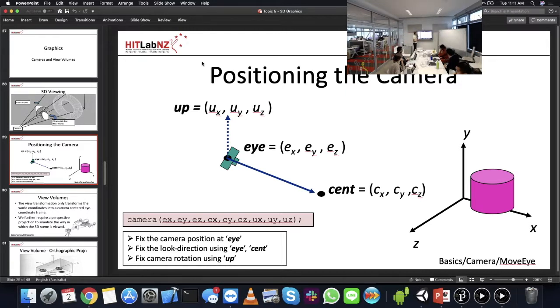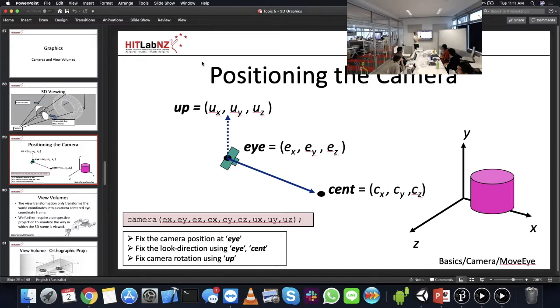The last three values are what's known as the up value, and usually that's just either 0, 1, 0, which is the up vector, so the camera is pointing up that way, if we think of this as being X, Y, and Z. So if we say it's up, I'm holding the camera that way.